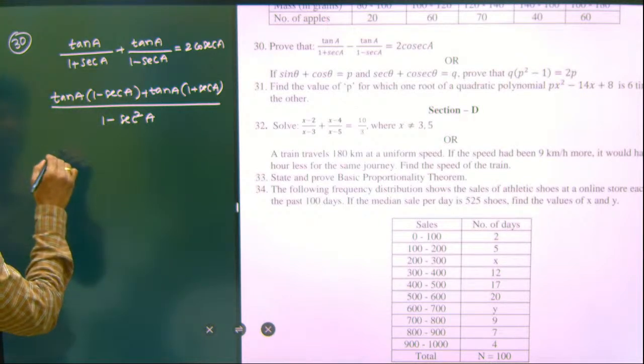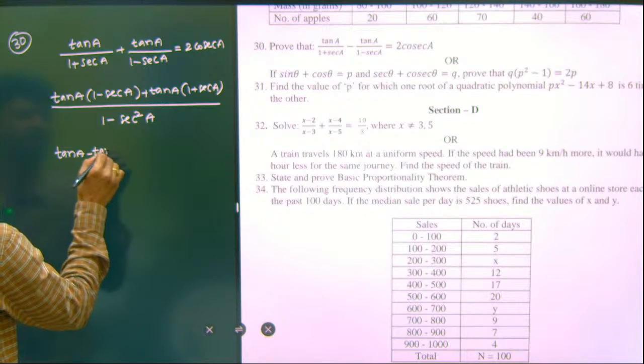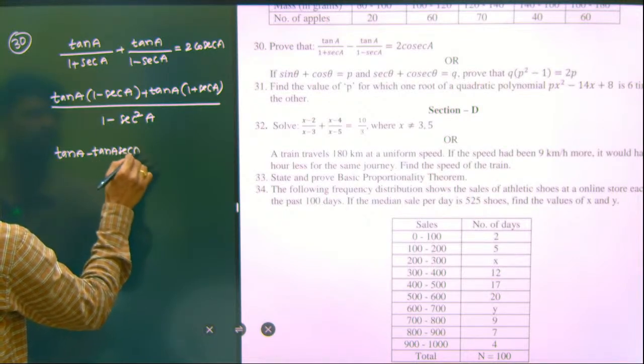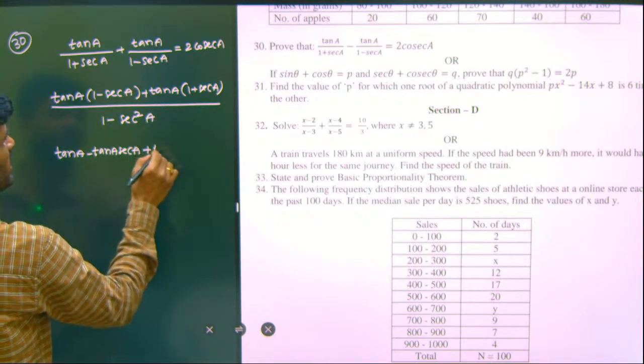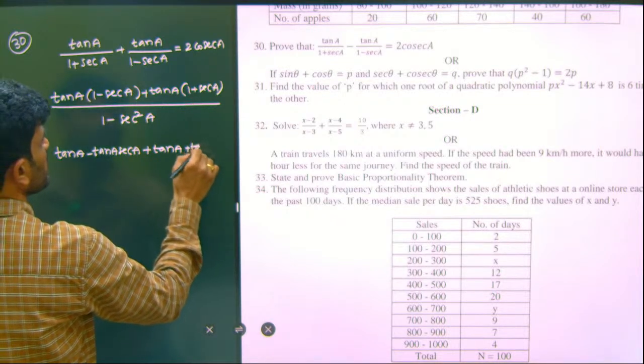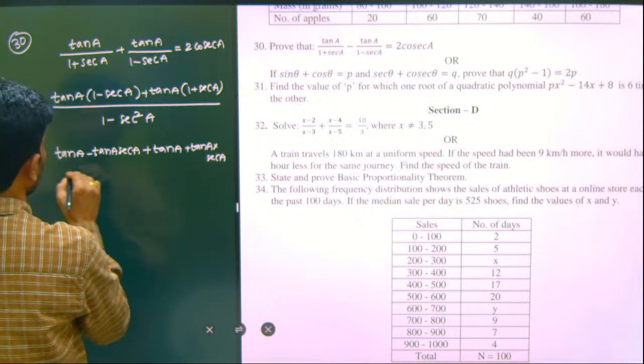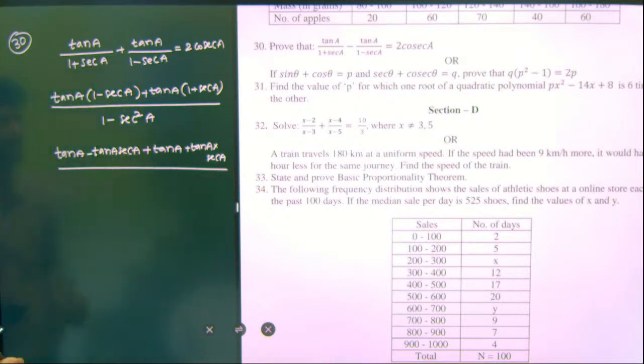So this is the numerator now: tan A minus tan A into secant A plus tan A into 1, tan A, plus tan A into secant A, by 1 minus secant square A.